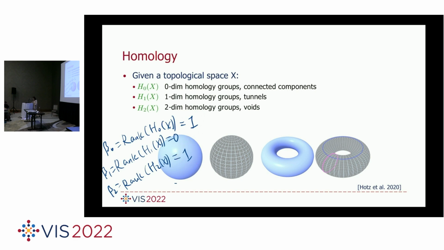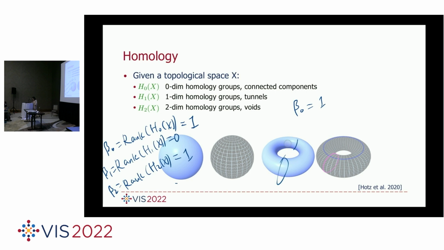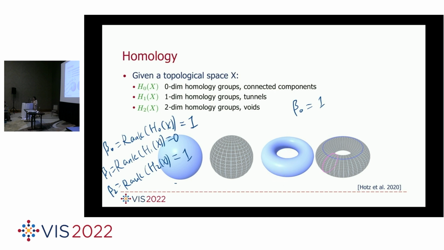Now, for the torus, which is basically the surface of a donut, the classic example is that it has one component. Of course, if you take a bite right here, then I break it into two, but right now I haven't taken a bite of my donut, so it has one component. The interesting part for the torus is that it has 2 tunnels: the tunnel that goes around the torus, and the tunnel that goes around the center.